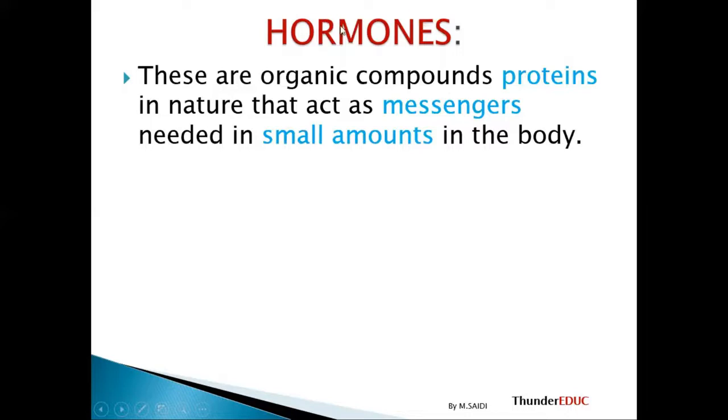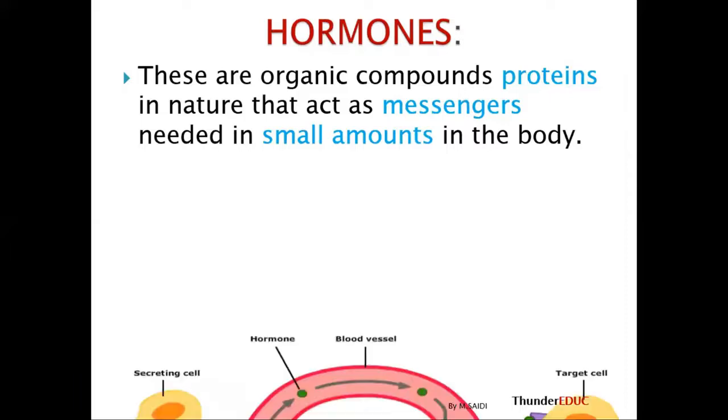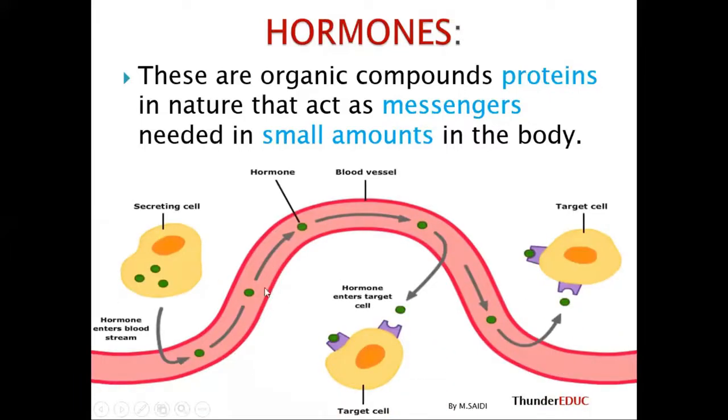So it means that these hormones are just acting as messengers. They help the brain. For example, the brain sends the information to the breast, and then the breast starts to produce milk using the hormone called prolactin. You see, they are messengers. They take the information to be done in the body. And then here is the mechanism.